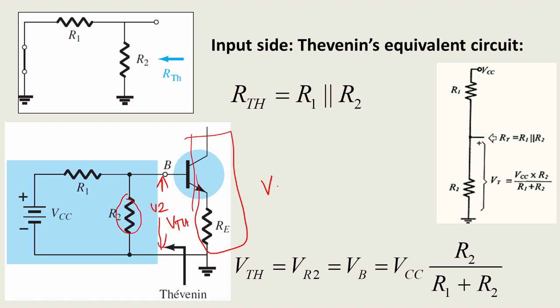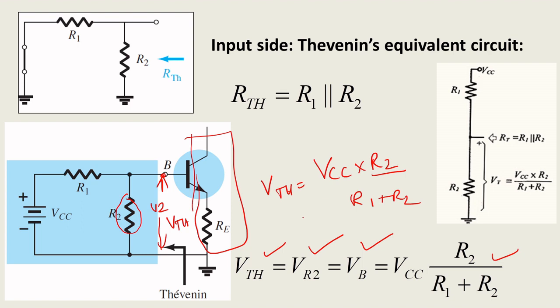So VTH equals VCC times R2 divided by R1 plus R2. That is VTH, the drop across R2, that is VB, the drop with respect to the base terminal, nothing but VCC into R2 divided by R1 plus R2.